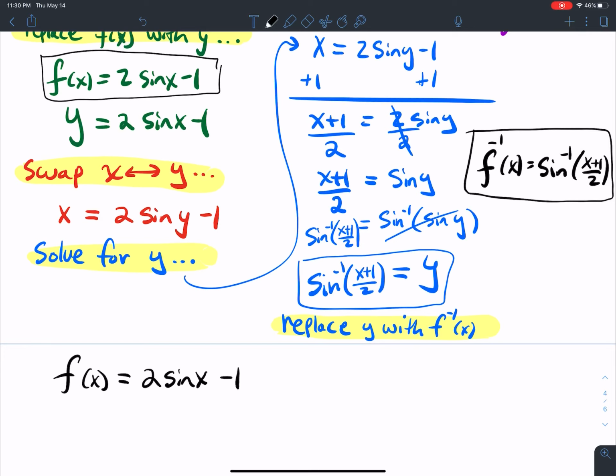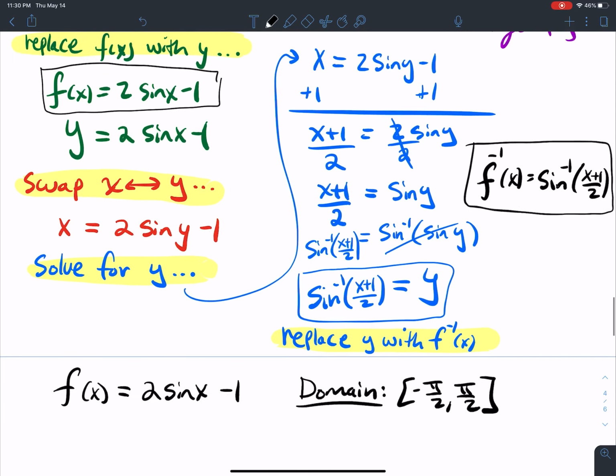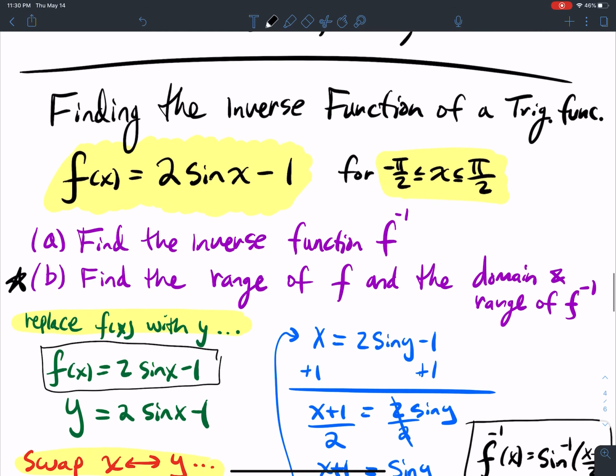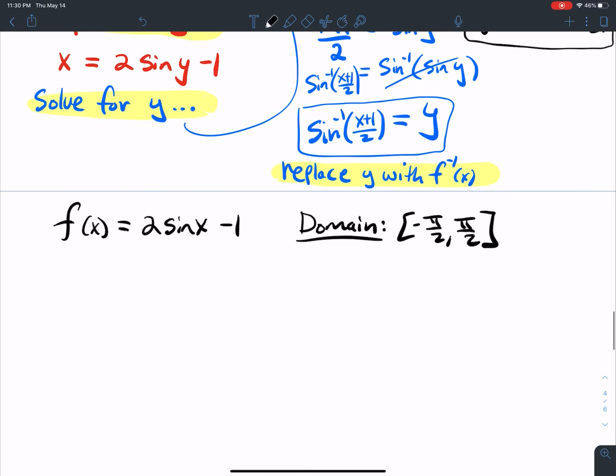The domain of this function was told to us: negative pi over 2 to pi over 2. That was given in the problem. What I'm looking for now is the range.